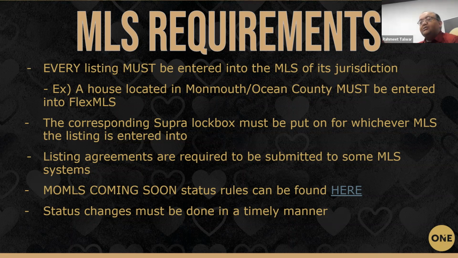It's Middlesex, but some Monmouth agents don't have Middlesex, so put both lockboxes or put a combo. If you put it into Garden State MLS, you have to put that lockbox. That's Middlesex.